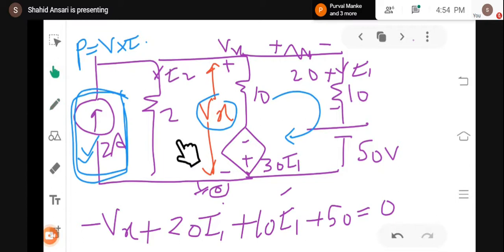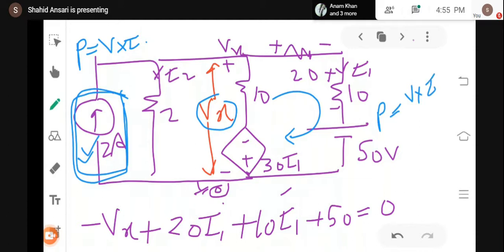It's again Vx, since it is connected in parallel. So the voltage across the 2 ampere source will be Vx, and Vx is 20. So 20 into 2 means 40 watt power. You can consider it either as absorbed power or as power delivered by P equals V into I.